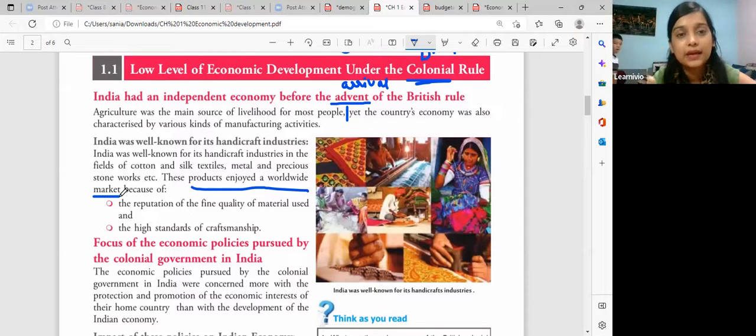Worldwide market means there was... Market is not about Indians going there and selling. No, people were demanding. They used to give them the contract that we want 100 handmade suits, we want 100 baskets like this. So why was there a worldwide market? So why did India's handicraft industries enjoy a worldwide market?